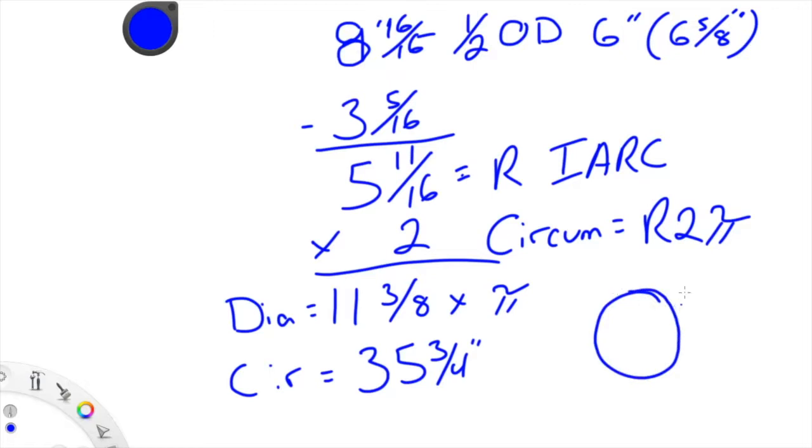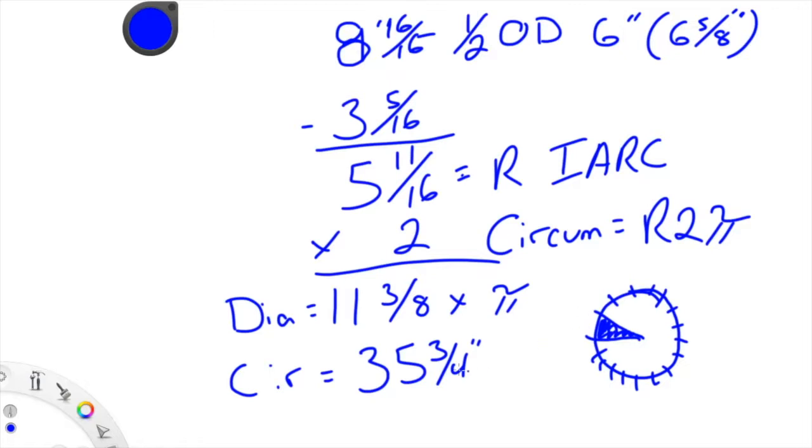We don't want the full circle. All we want is 30 degrees of that circle. So we've got to get rid of all this, but before we can do that, we've got to figure out how many inches per degree there are in this circle.